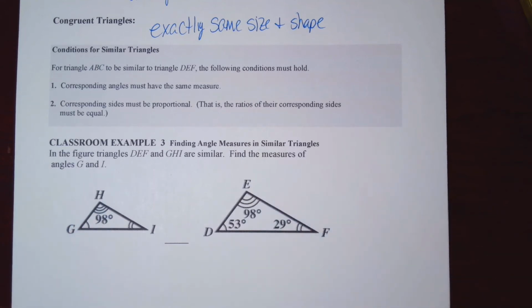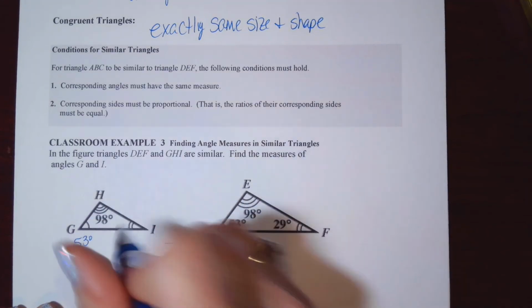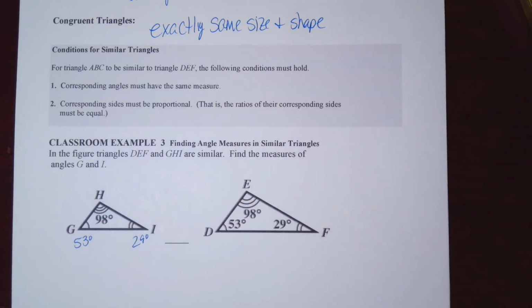Now, the sides are proportional, but the angles are equal. So when I look at this larger triangle DEF, if I know that these two triangles are similar, then I know that angle G has to be 53 degrees and angle F has to be 29 degrees. This triangle is smaller than that triangle. The angles are closer together, but the measure of the angles are the same.